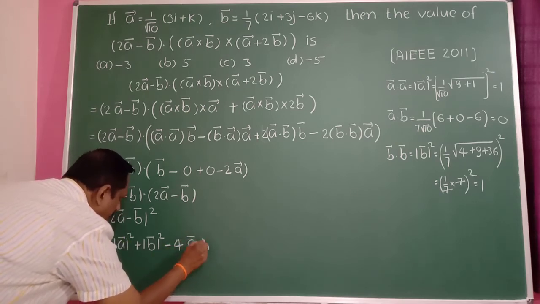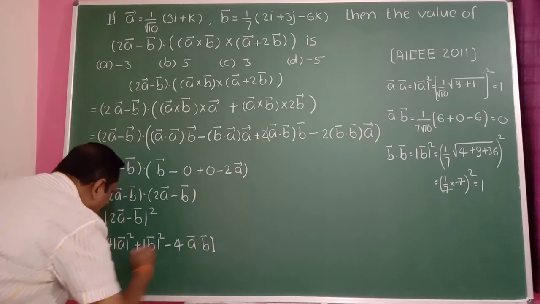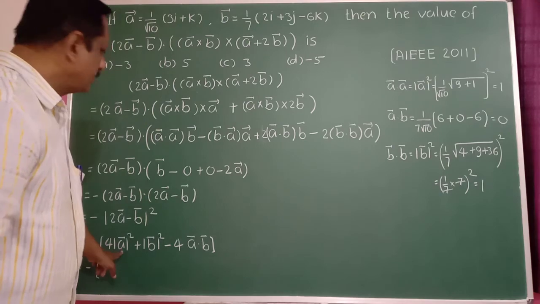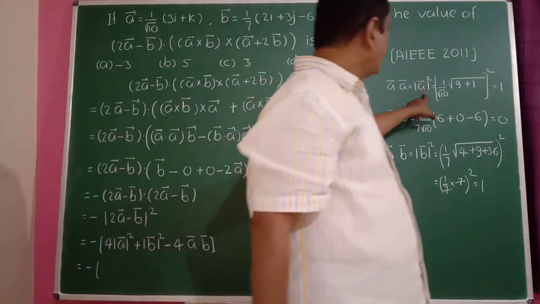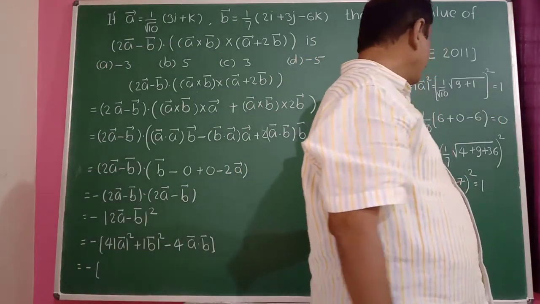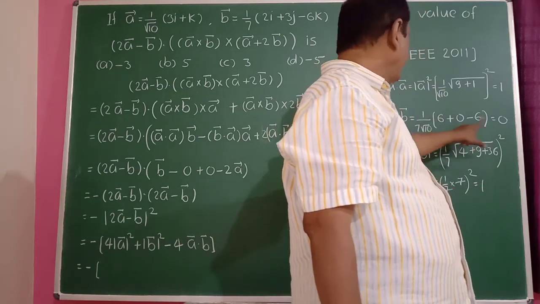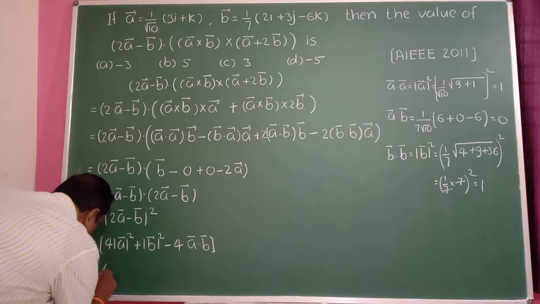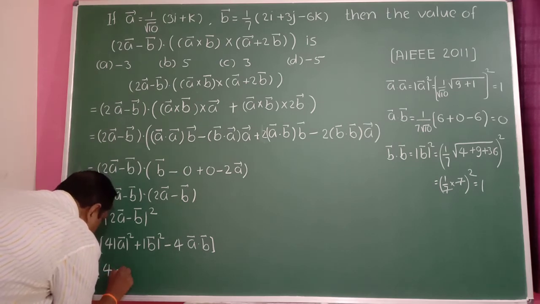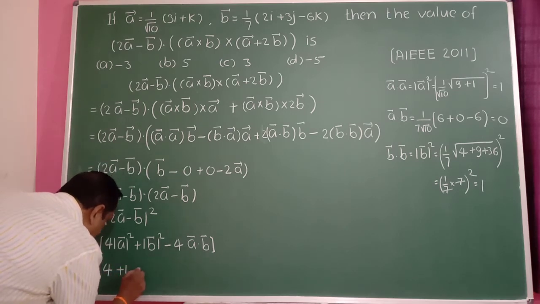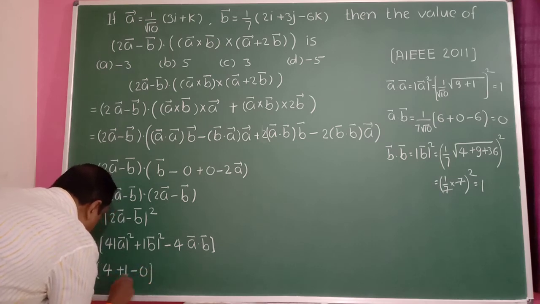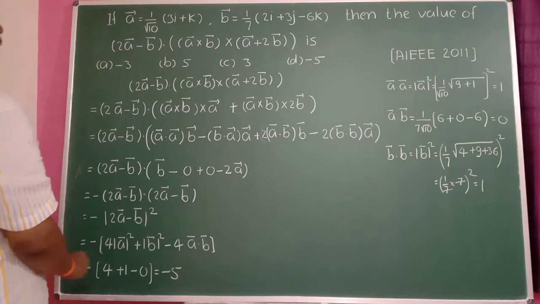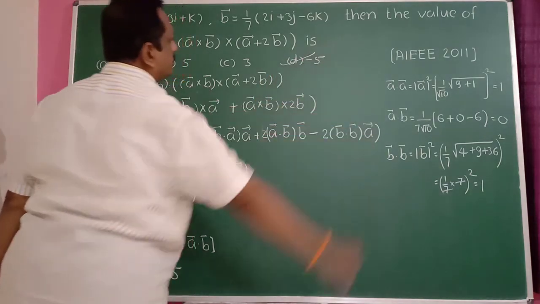Therefore this is equal to minus of: modulus of a bar square is 1, modulus of b bar square is also 1, a bar dot b bar is 0. So this becomes 1, 1 into 4 becomes 4, this is 1 here, and this becomes 0. 4 plus 1 is 5. Hence minus 5 is the answer here. Minus 5. So D is the correct option here.